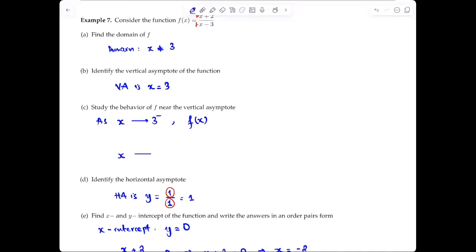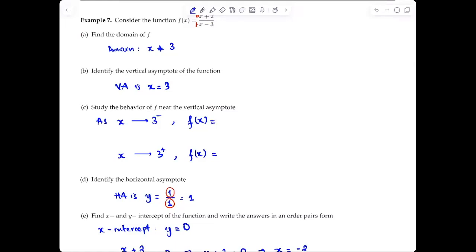As x approaches 3 from the right, what happens to f of x? The function we got is f of x equal to x plus 2 over x minus 3. You don't need to give me the exact value. You just need to give me the sign when you analyze this type of problem.